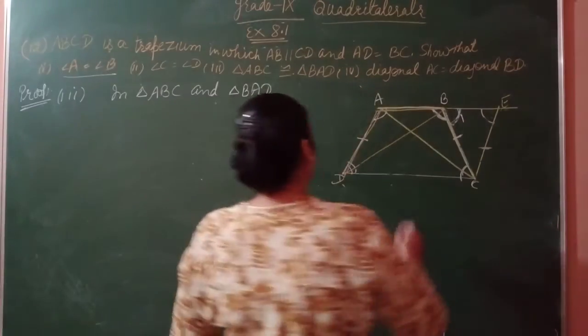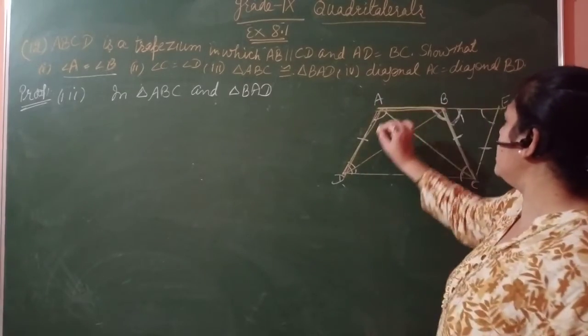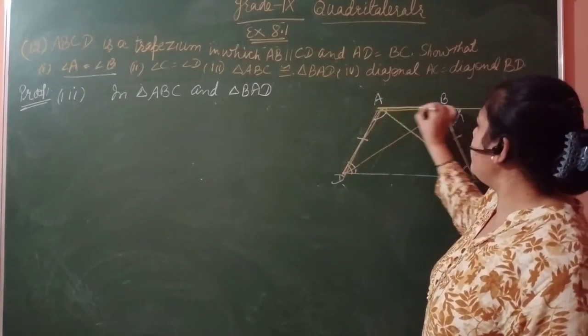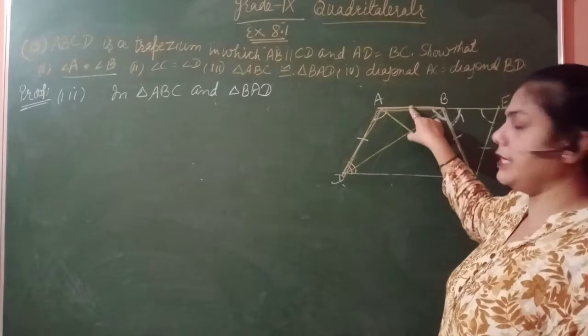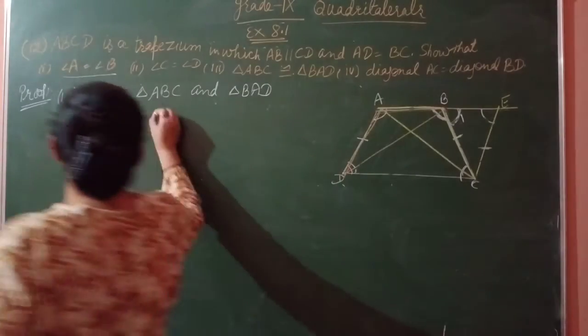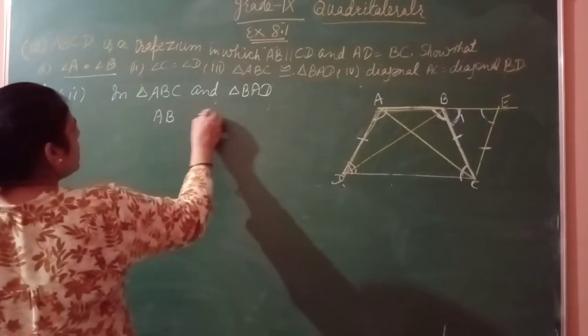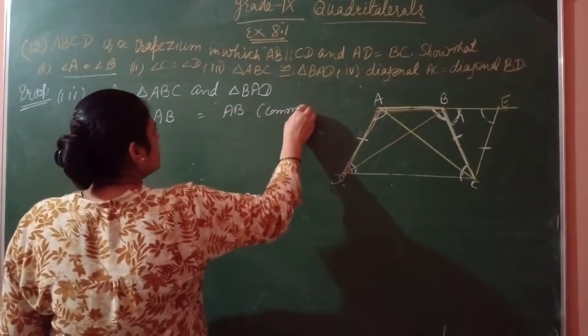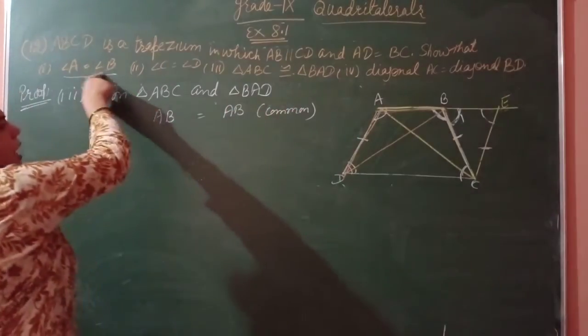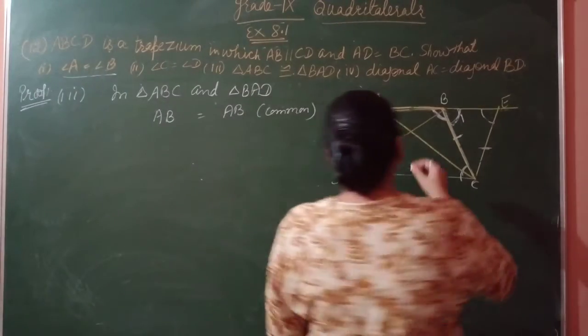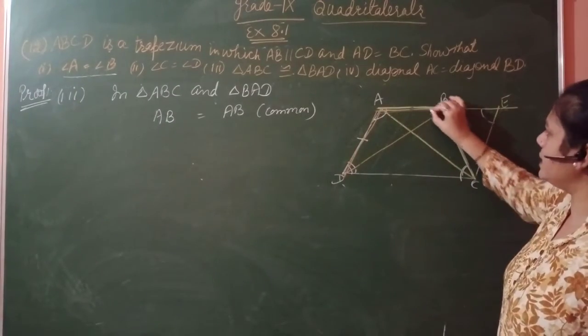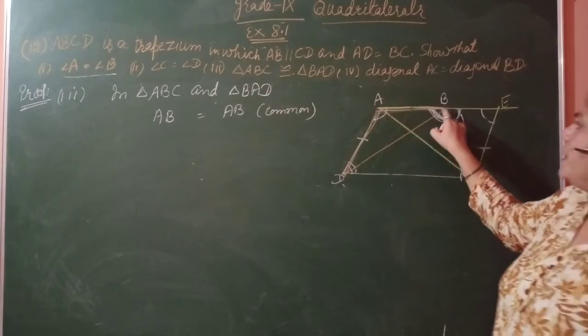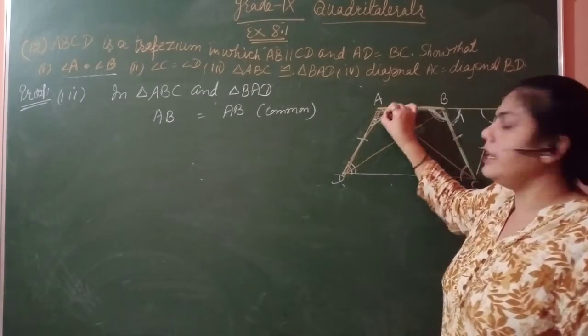Now what do you observe from ABC and ABD? AB is a common side. So AB is equal to AB, that is common. And we proved in our first part that in triangle ABC, angle B is there, and in triangle BAD, angle A is there.